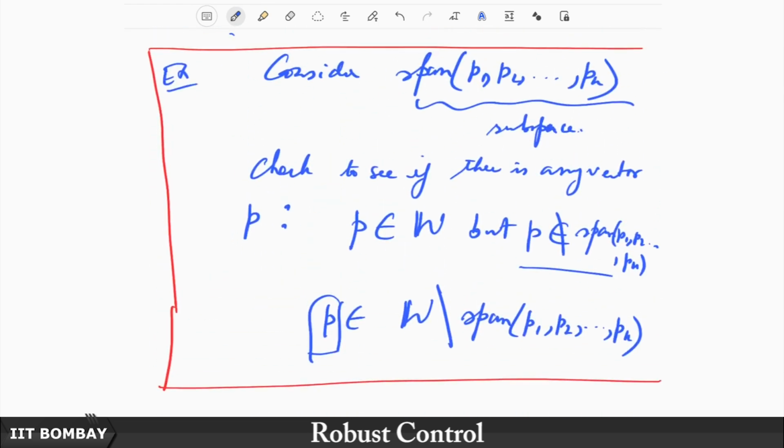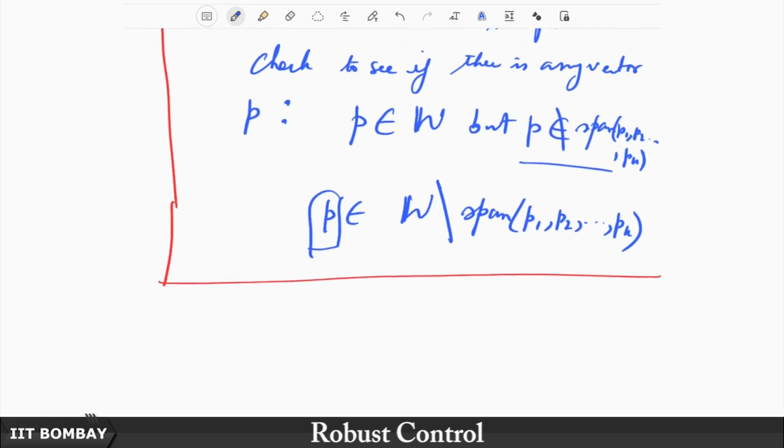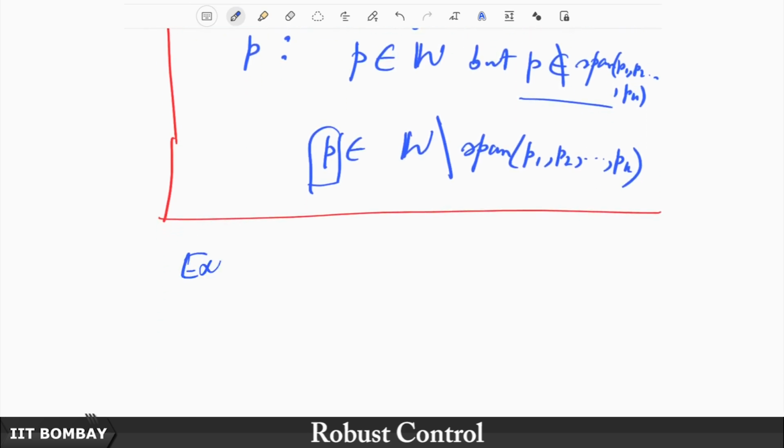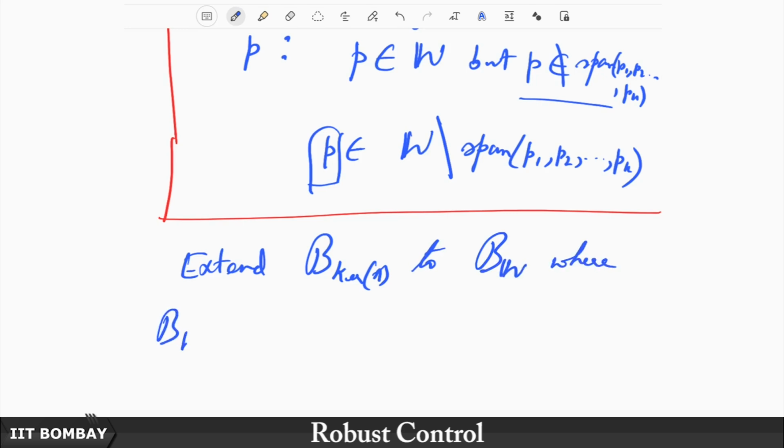Because of this discussion, you should be immediately able to see that we can extend B kernel A, which is the basis for the kernel of A, to BW, where BW is a basis for W. I am claiming this in one fell swoop, but I have given you enough justification as to why it can be done. Why can it be done?